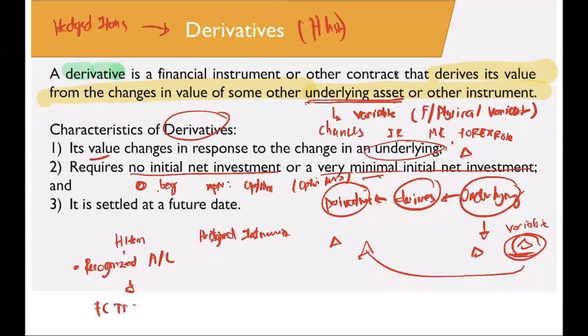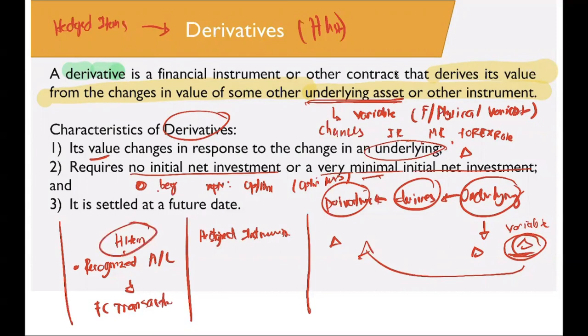Sa foreign currency transaction. Okay? So dalawa yung ina-account natin dito, yung hedged item at hedging instrument. Ano yung hedged item? Yung recognized asset or liability, which is the foreign currency transaction. Ano naman yung hedging instrument? Ito yung different derivatives. Okay? So, we account for two items here.